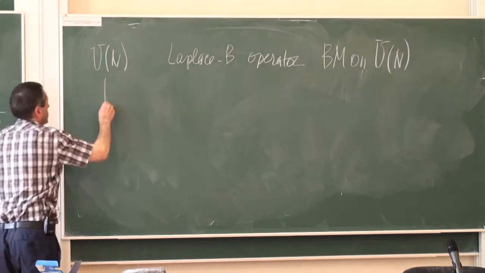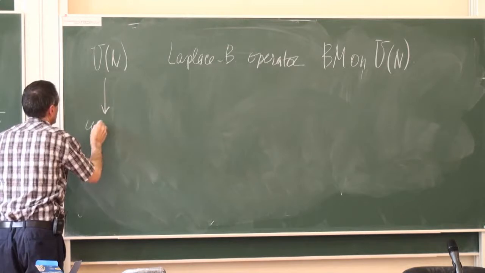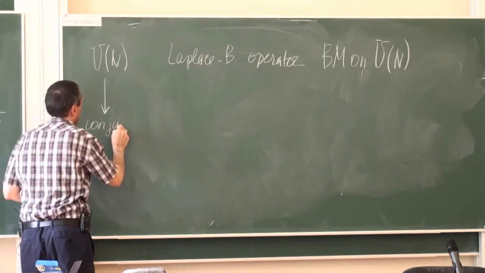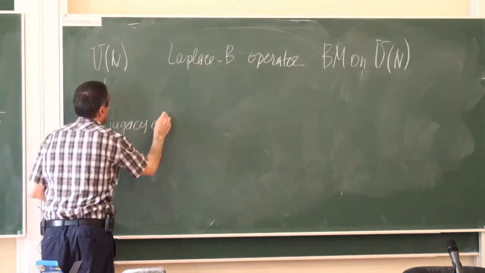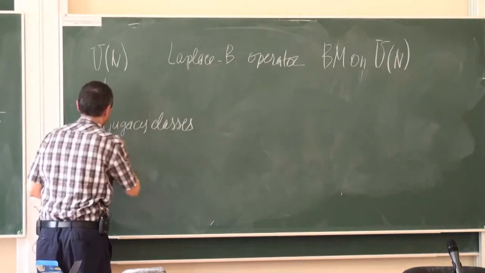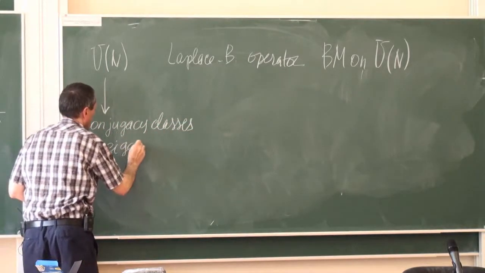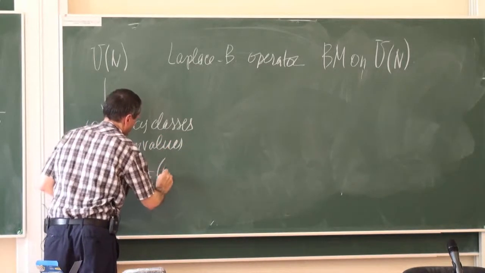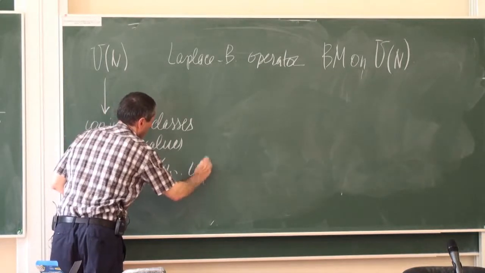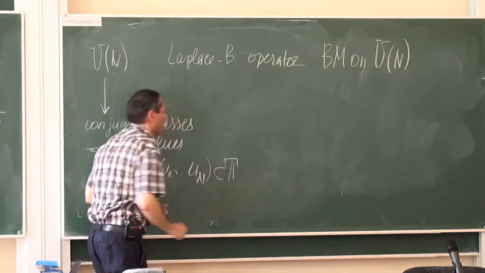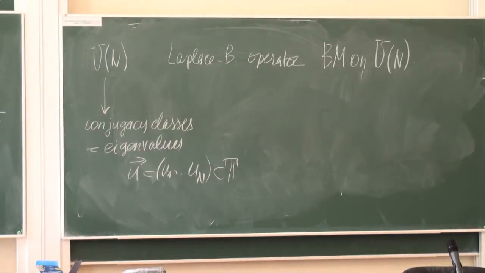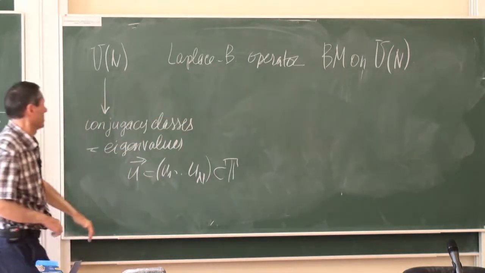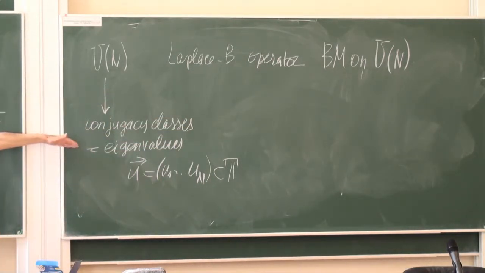So we have a natural projection on the conjugacy classes, which are the same as eigenvalues, in my notation, n-tuples on the unit circle. And it turns out that the Laplace-Beltrami operator admits separation of variables with respect to this projection.